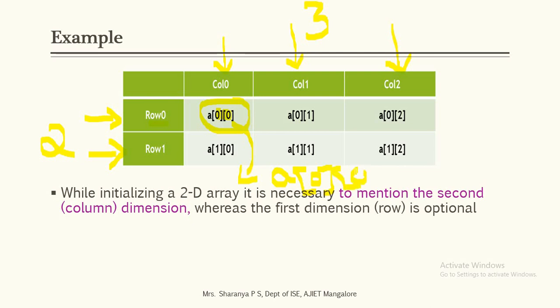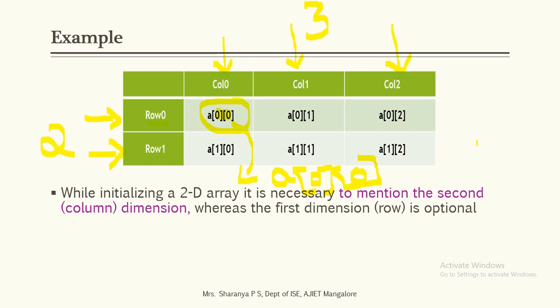This is nothing but the element stored in this particular location. This is how we can retrieve particular data present in any of the rows and columns. If we want to access any element present in the entire two-dimensional array, we have to mention the corresponding row number and the corresponding column number, which will allow us to access any element present in the array.